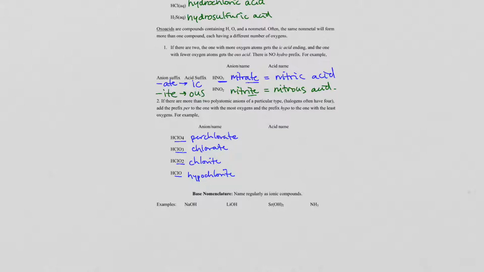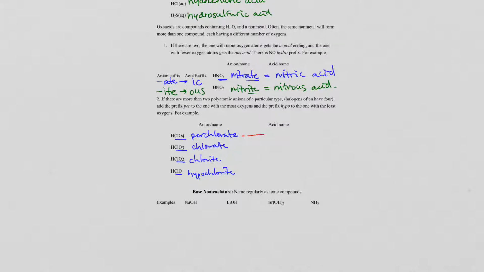So your acid name then would just be perchloric acid, where instead of the "ate" we add "ic".